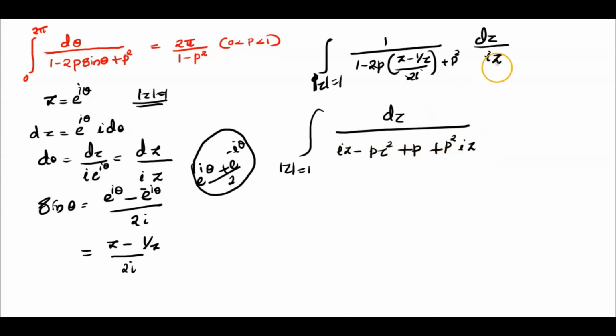We multiply iz with this denominator, so iz minus pz square plus p square iz.